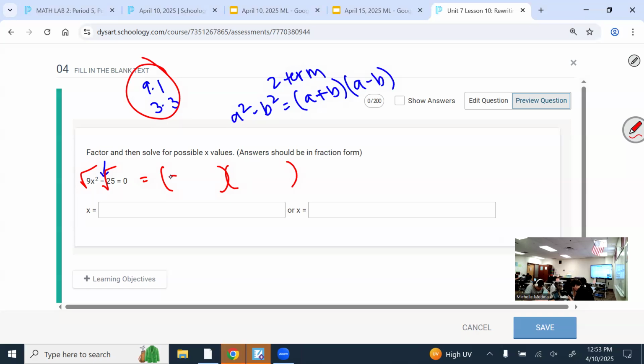The square root of it is 3. And what's the square root of the x squared? What times what will give me x squared? It's itself. Good. So my first square root is 3x. 3x times 3x will give me 9x squared. My second square root, what's the square root of 25?